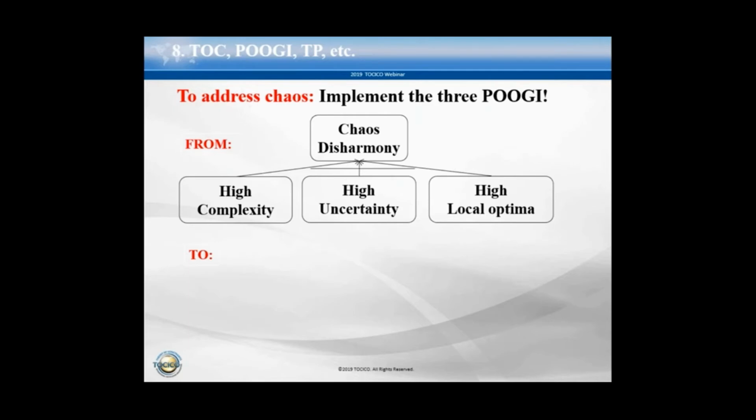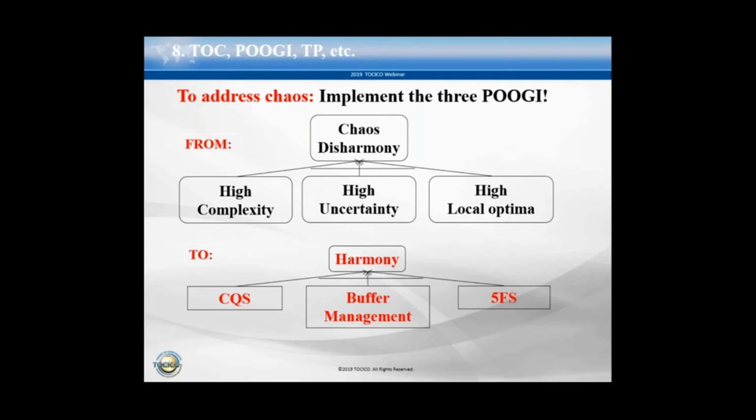If we implement the 3 processes of ongoing improvement, the change question sequence, in other words, the thinking process, we identify the causalities and address the significant problems. And we use buffer management as a signal to tell us when there are problems that we may encounter in our environment.